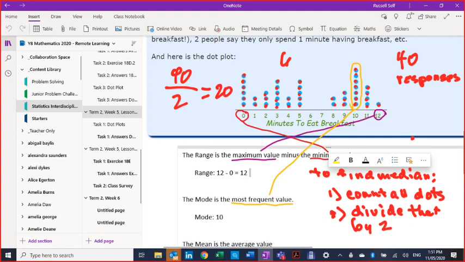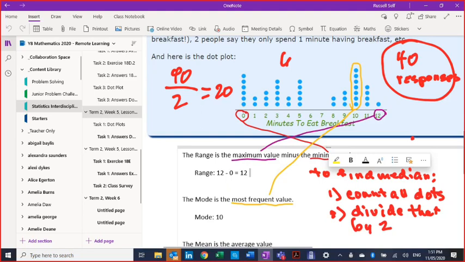So if I take 40 divided by 2, I get 20. But remember, if you have an even number of numbers, there's not going to be 1 in the middle. There's going to be how many? 2, exactly. Good job, guys. So what we're going to have to do is find the 2 in the middle and find the average of them, unless they're the same number, which sometimes happens.